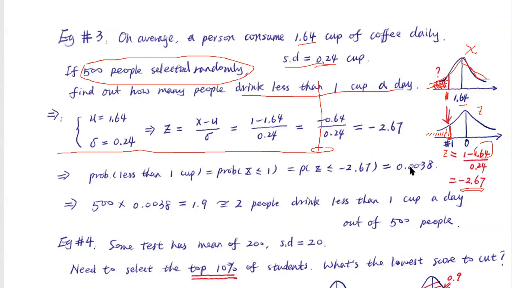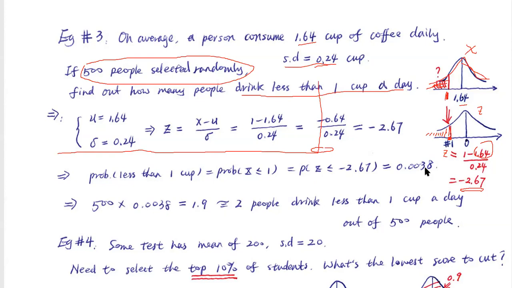0.0038. Oh, I think over there it's a 37, a little bit different, but it's a very, very small difference. So that's the probability, 0.38%, of a person drinking less than 1 cup of coffee.